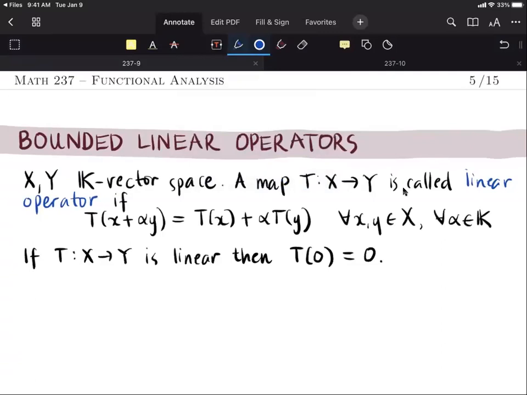Here, since 0 is taken as an argument of T, it should be an element of the domain, that is the vector space X. If you take the image, the zero vector on the right must be the zero vector in the vector space Y.